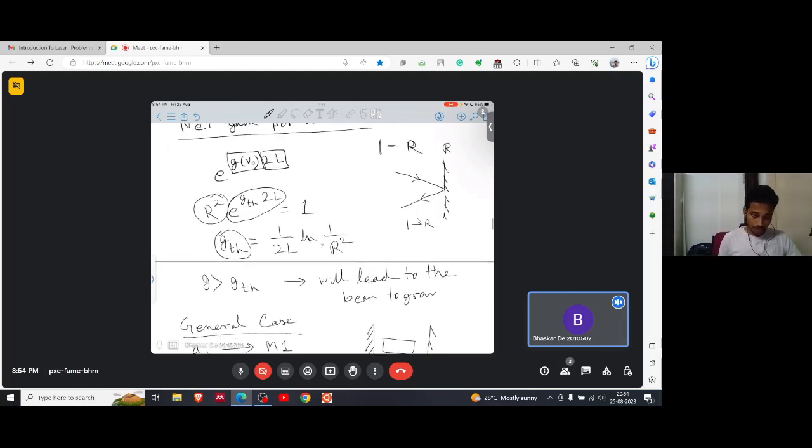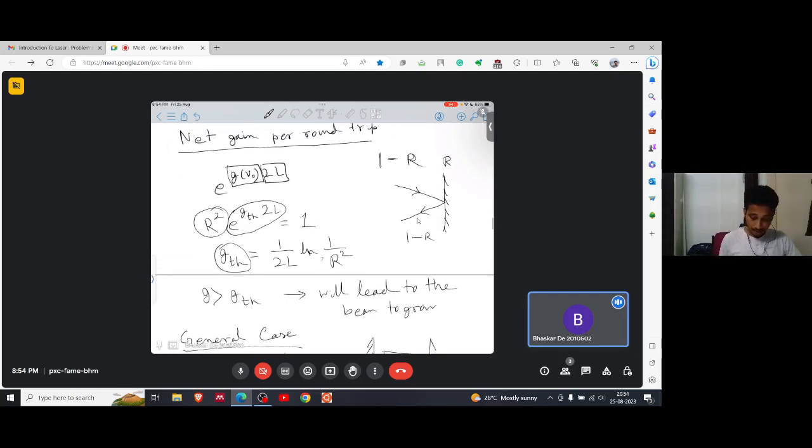For further clarification I can write that the beam incoming to the cavity has an intensity I naught, and it will suffer two reflections. So after two reflections it will be r square, and then it will have a gain e to the g th 2l, and this will be equal to I naught.